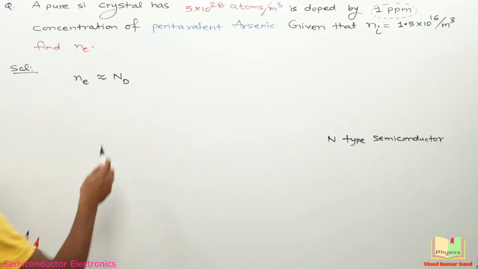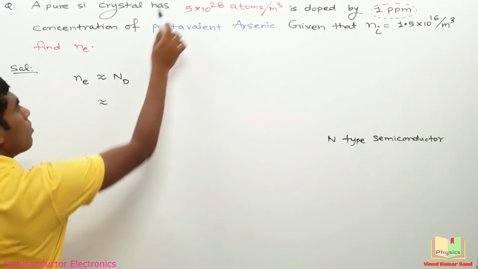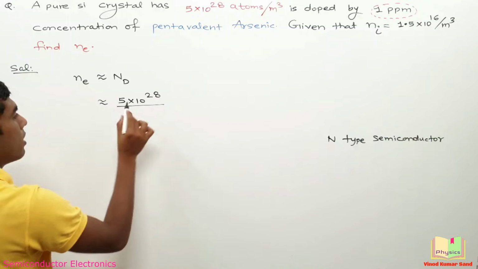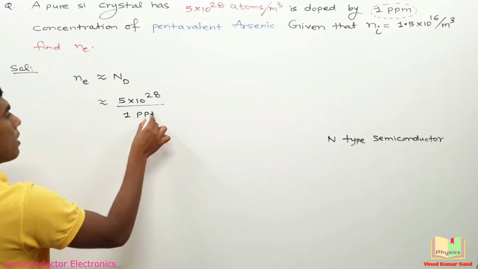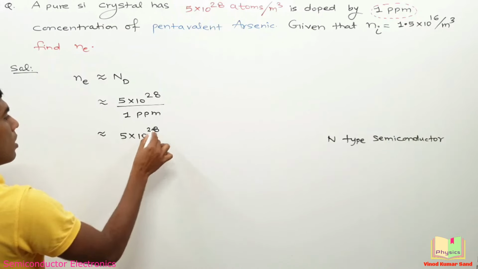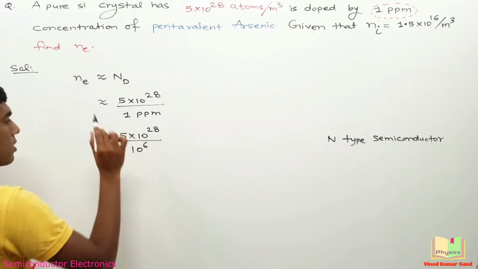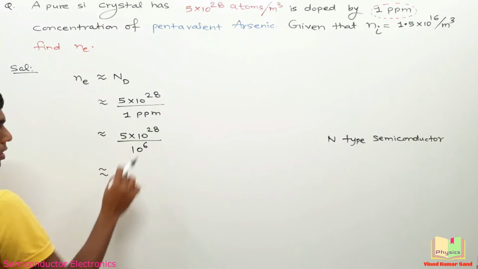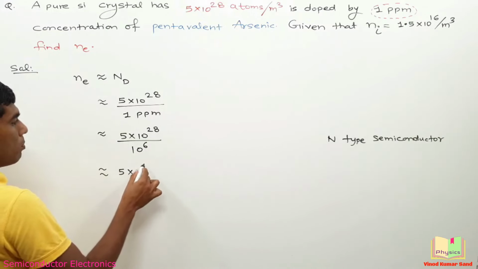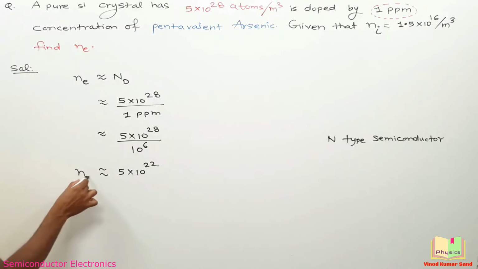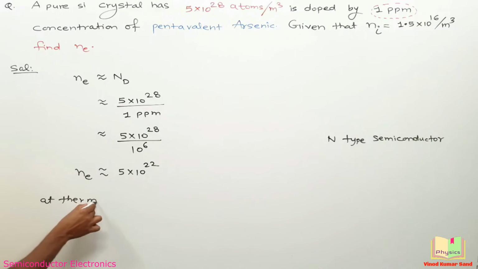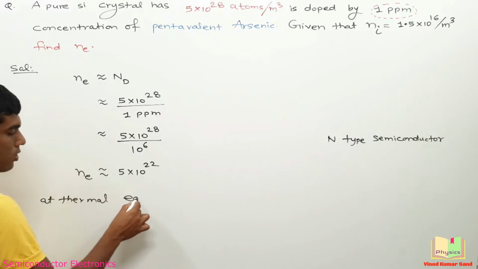So basically N_d will be equal to 5 into 10 to power 28 divided by 10 to power 6. On computing this, it will become 5 into 10 to power 22. This is N_e. Now at thermal equilibrium, we can use the law of mass action.